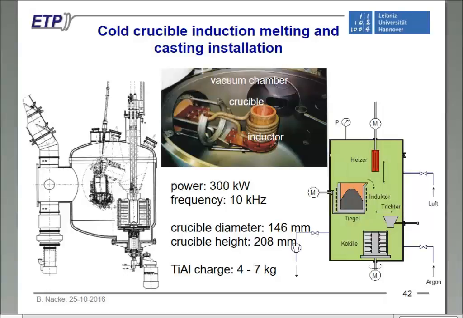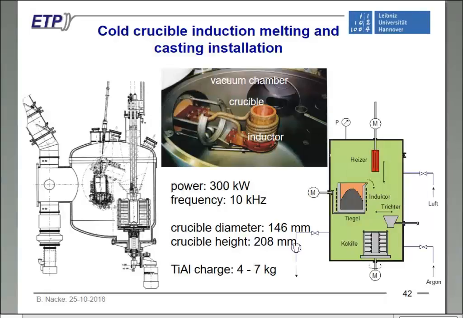So it is a vacuum chamber, and inside the chamber here you see a drawing. We have here the cold crucible, again with a coil, and then we have a rotating mold, and then we can pour inside the vessel under vacuum or inert gas directly into the mold. The cold crucible has a capacity of 4 to 7 kilograms, for example, of titanium aluminium.